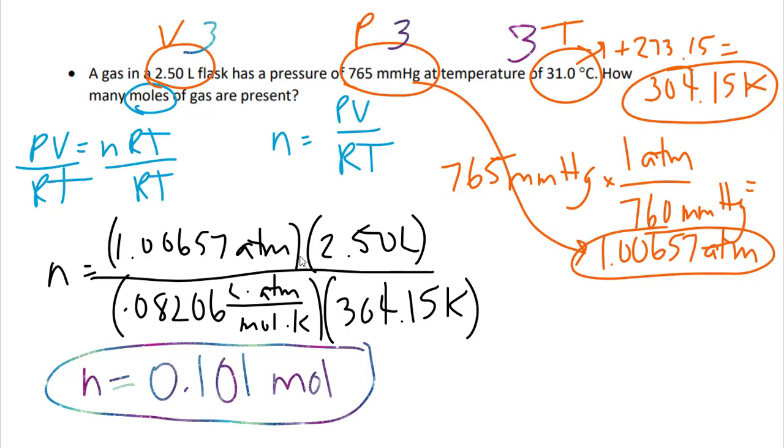Hopefully you understand units and understanding that we were able to cancel out units, for example, atmospheres, atmospheres, liters, liters, Kelvin, Kelvin, so that we can get whichever unit we're trying to find, and to solve for missing values by using our ideal gas law.